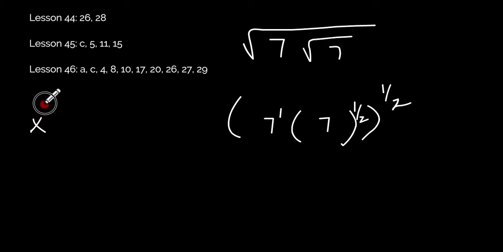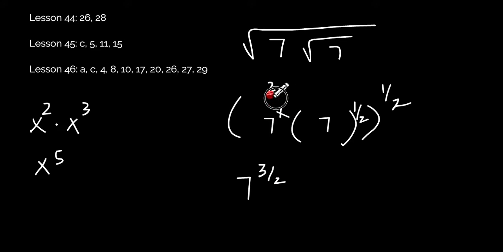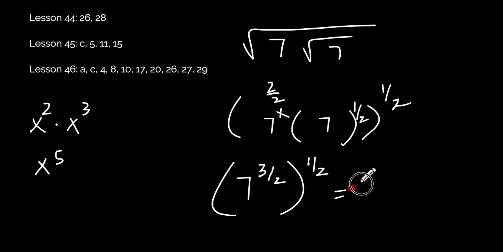It's kind of like if you had x squared times x to the 3rd, you would just add your exponents. So this would be 2 halves plus 1/2, which is 7 to the 3 halves, because 1 is the same as 2 over 2, right? And then that's all going to be to the 1/2 power, so we're going to get 7 to the 3/4 power. That's all you do for those. They're not bad, but they're different.